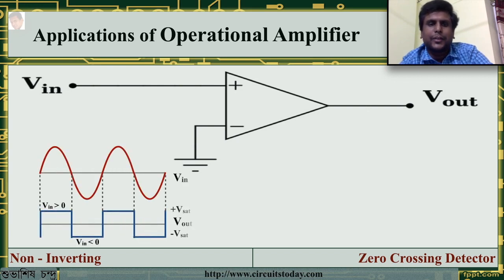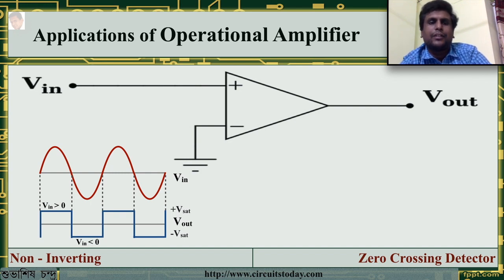As you can see, whenever the input voltage is greater than 0 volt, because the reference over here is 0 volt, you get a positive going saturating voltage, and whenever the input wave crosses 0 in the negative direction, that is V in is less than 0, you get a negative saturation.